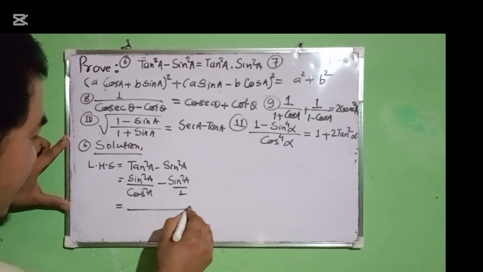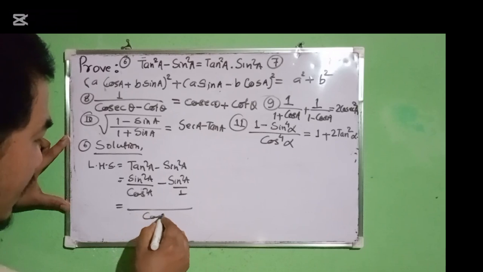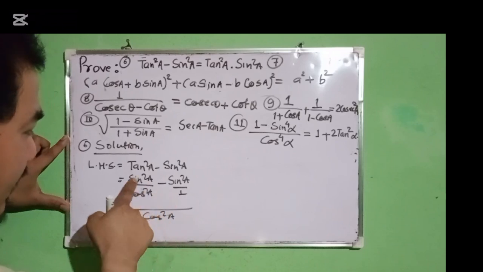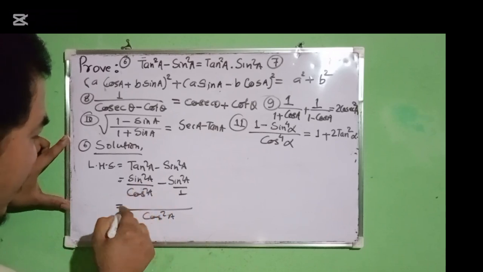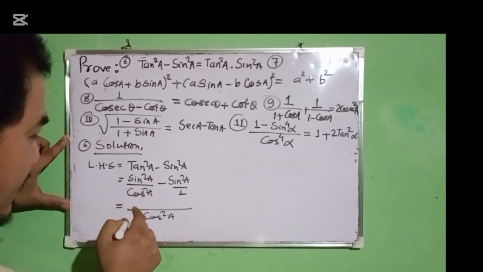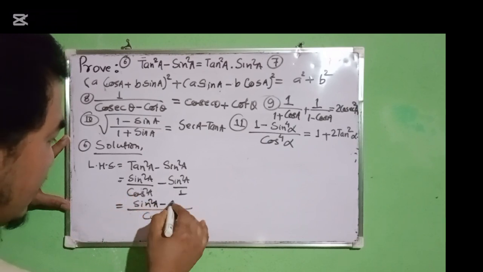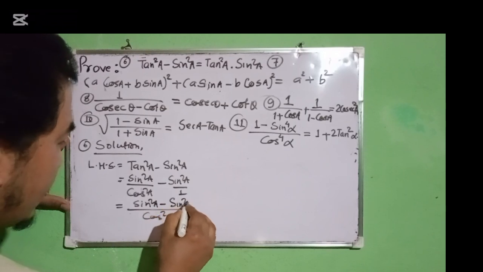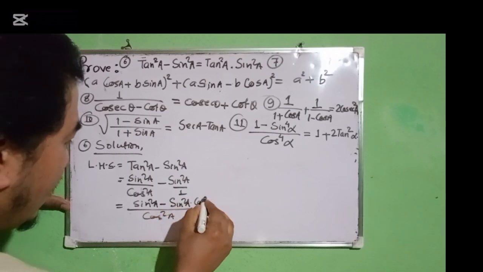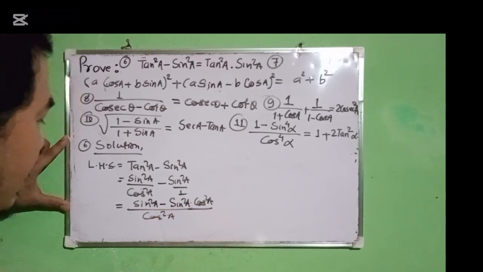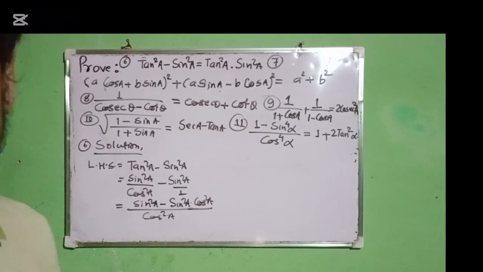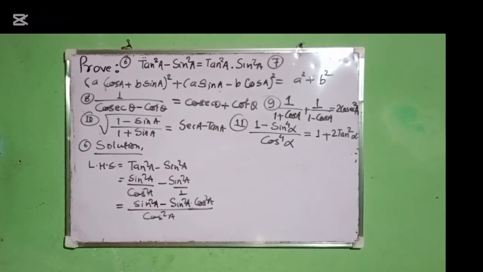Now take here LCM, okay? Cos square a right here, this multiplies here, because here is denominator cos square a, that's why here will be sin square a minus, it will be here now sin square a into cos square a, okay? Like this we have to write by taking the LCM, okay children?